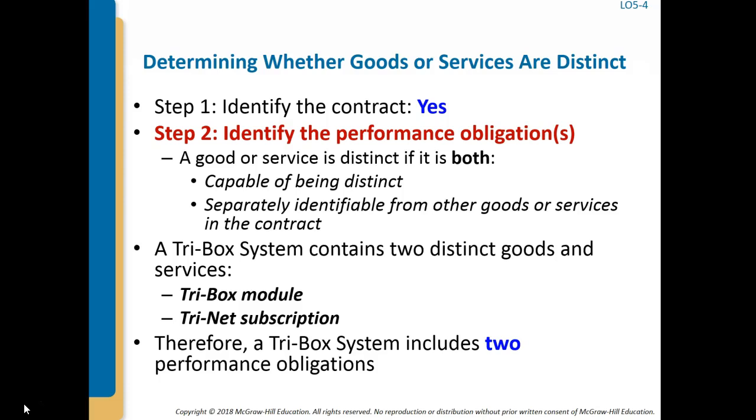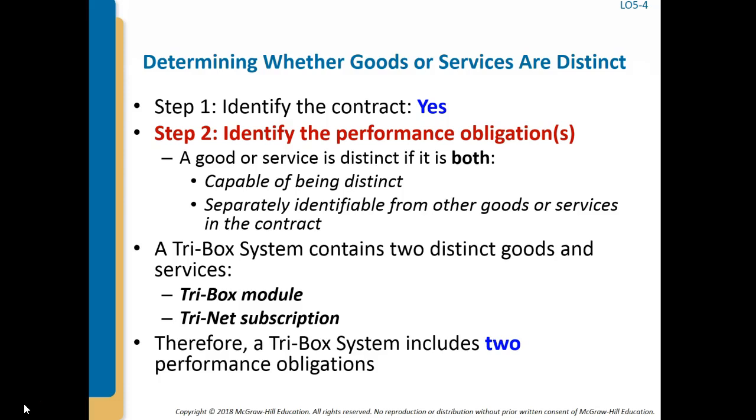The goal is to separate the contract into parts that can be viewed on a standalone basis. That way the financial statements can better reflect the timing of the transfer of separate goods and services and the profit generated on each one. So in our example, both the TriBox module and the TriNet subscription can be used on their own by a customer, so they're capable of being distinct, and they're separately identifiable in that they aren't heavily dependent upon each other.